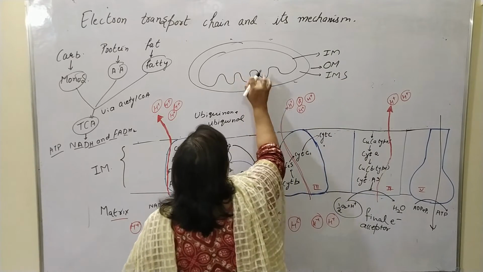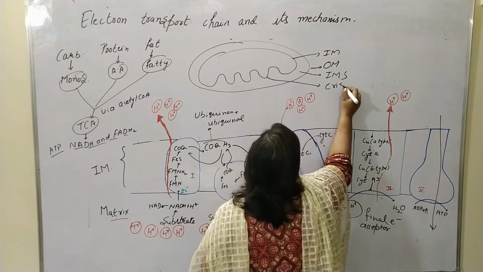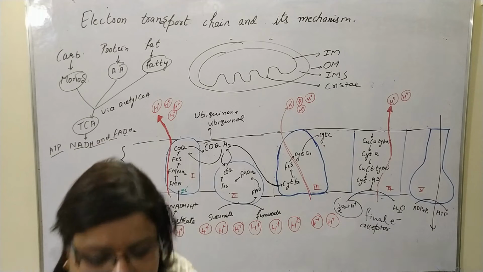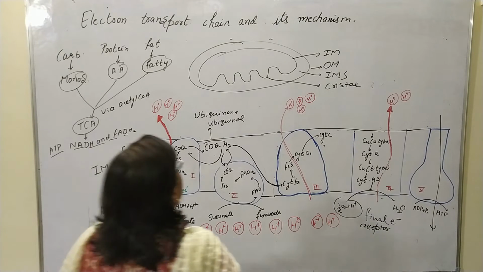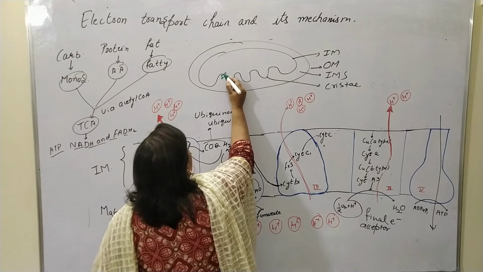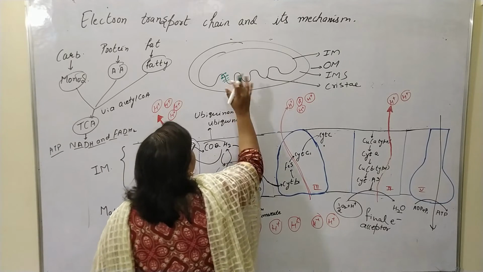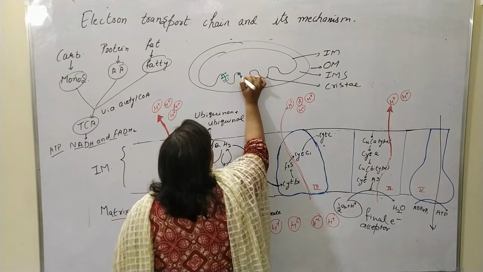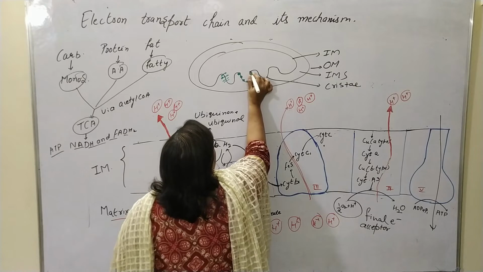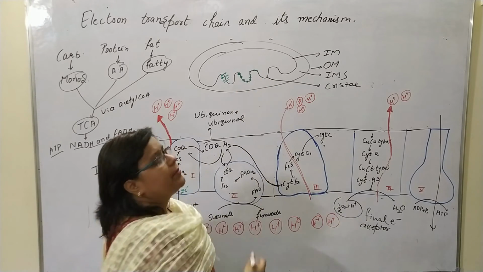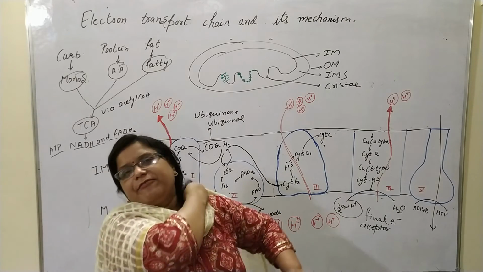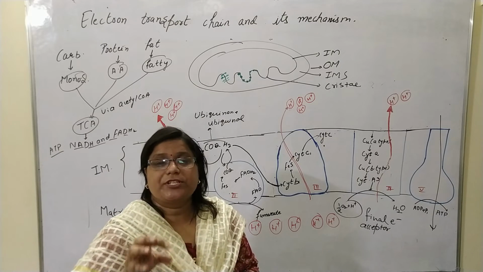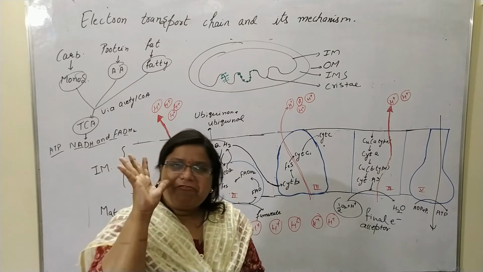The inner membrane has different folds known as the cristae, and on the cristae are the F1 particles, which have some part of the electron transport chain. The electron transport chain complexes are embedded in the inner membrane. There are 5 complexes.